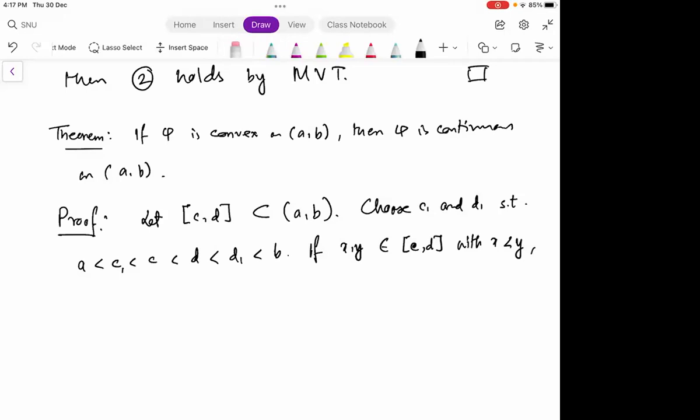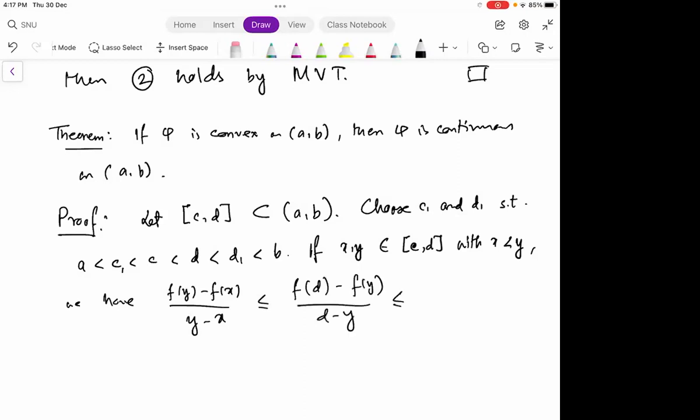All right. Then we have (f(y) minus f(x)) by (y minus x) less than or equal to (f(d) minus f(y)) by (d minus y), because d is bigger than y, less than or equal to (f(d1) minus f(d)) by (d1 minus d), because d1 is bigger than d.